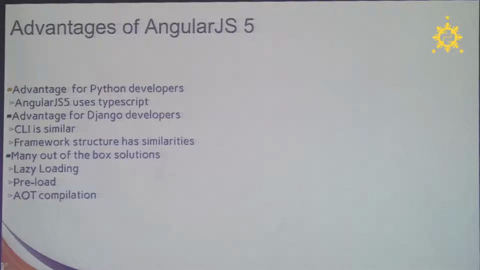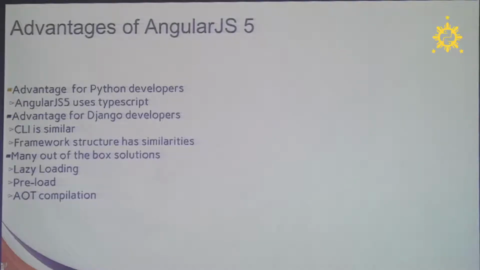So let's discuss the advantages. First, the advantages for Python developers. AngularJS 5 uses TypeScript. So what is TypeScript? It's a superset of JavaScript. Basically, its coding is not JavaScript-like, but more OOP-like. I'll show it later, but it's like a combination of Java and Python.